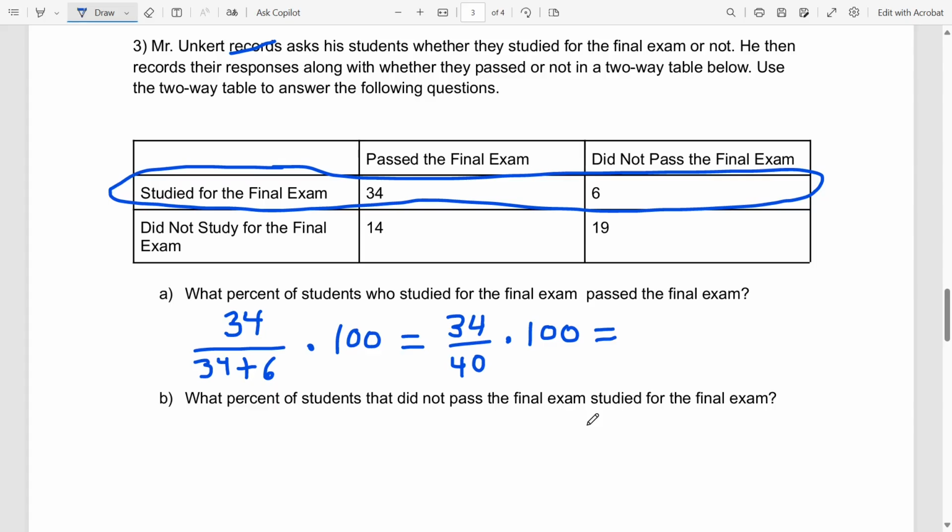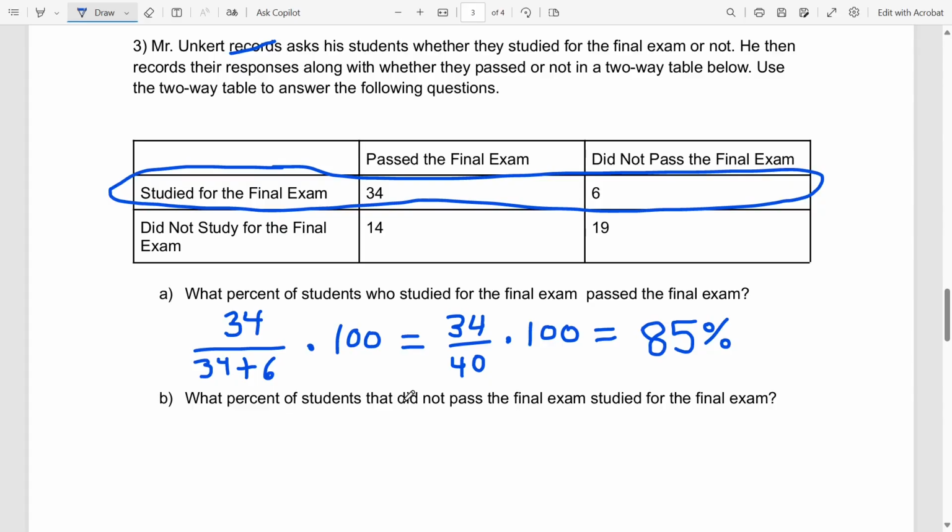So let's clear this out. 34 divided by 40 times 100. That's going to be 85%. So 85% of the students who studied for the final exam passed.